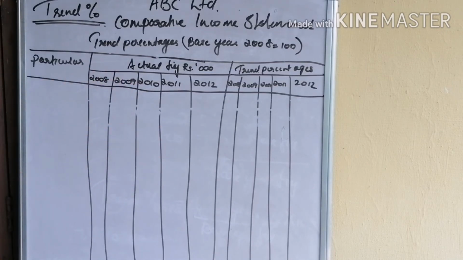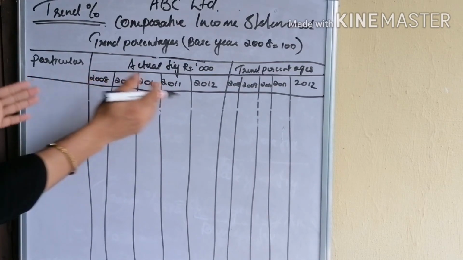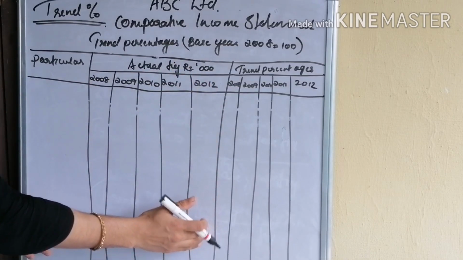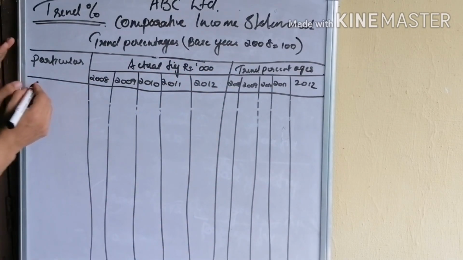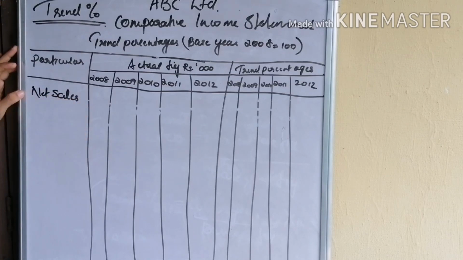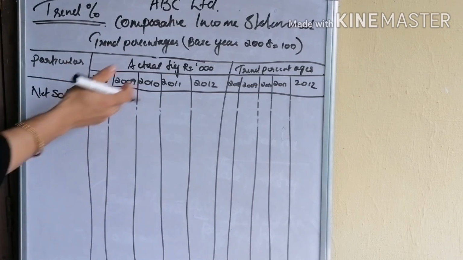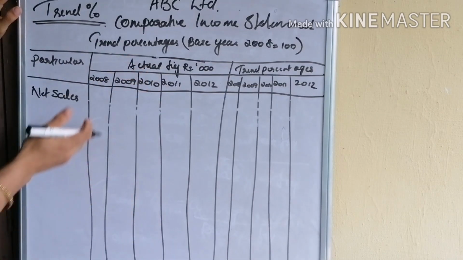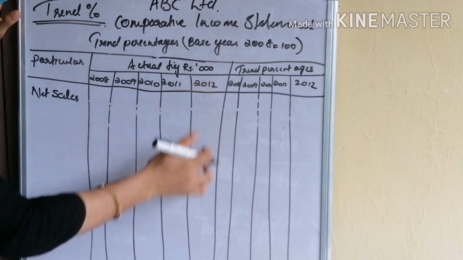We are moving to the solution. This portion is almost the question portion. First, in the question, the amount of net sales is given. So the actual figures in the question are to be written here.